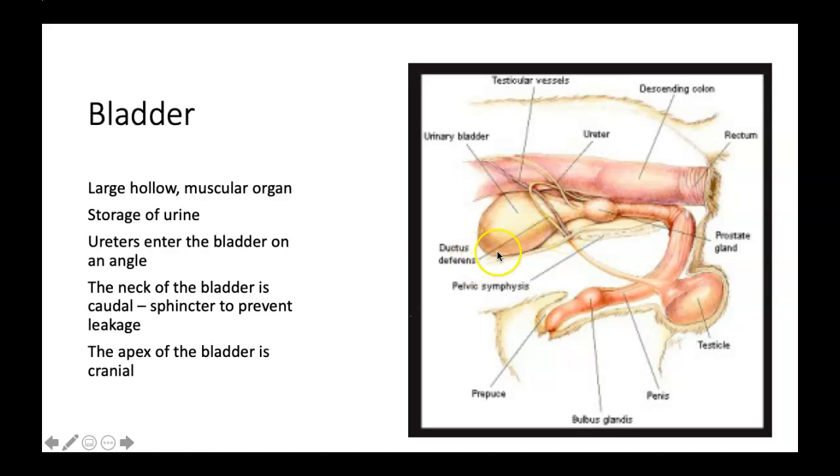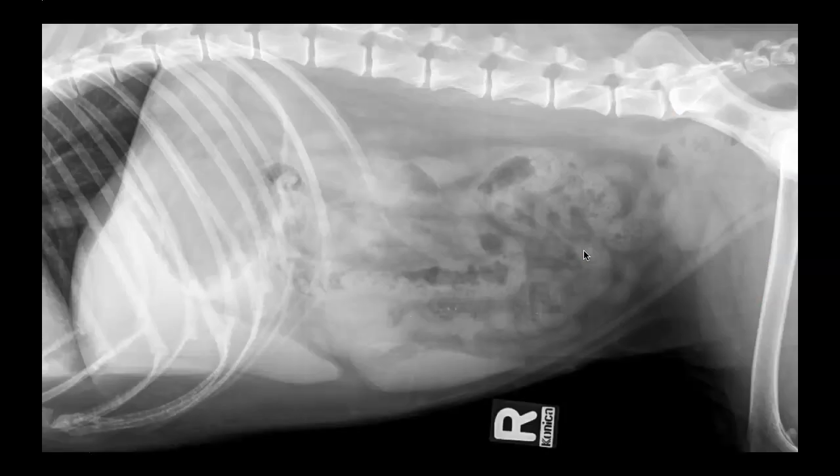This is the apex of the bladder, and then the neck of the bladder is the thin area. The neck of the bladder has a sphincter to prevent leakage of urine out into the urethra. So there we've got the neck and the apex.